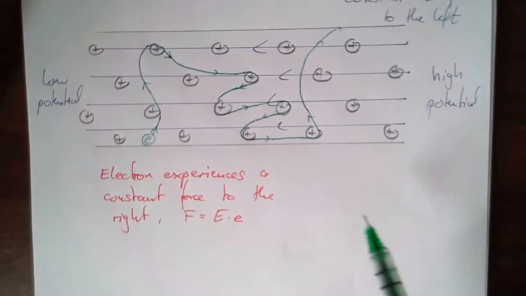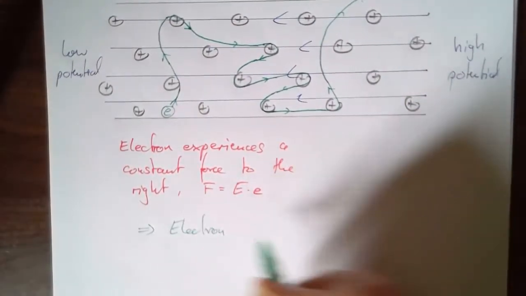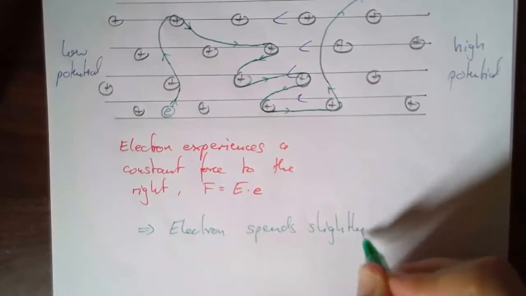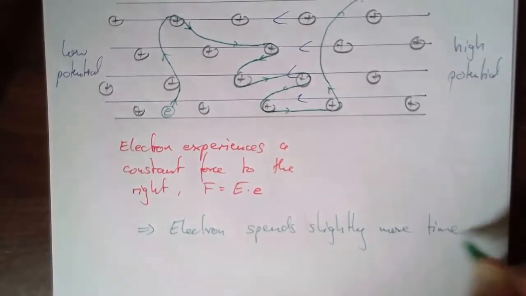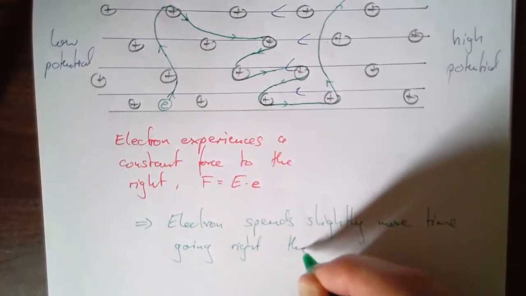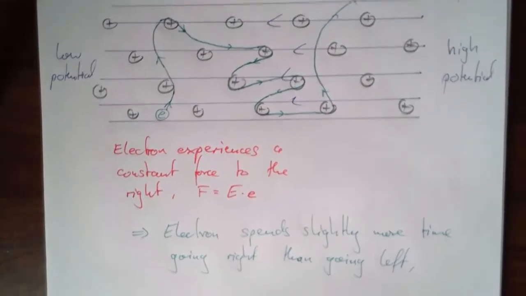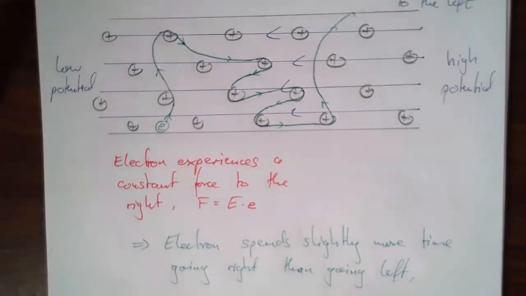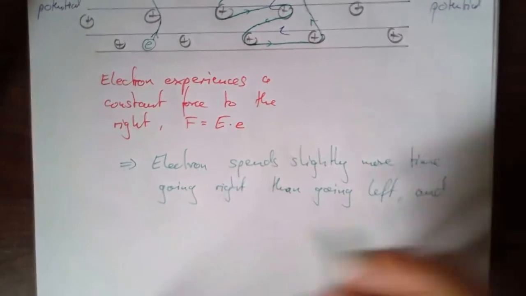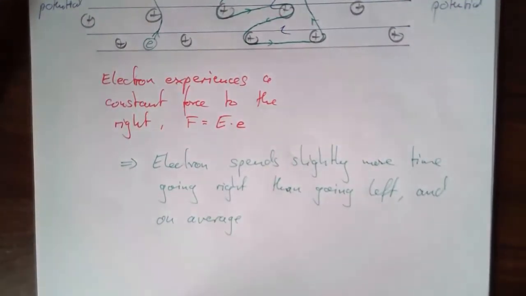So the upshot is the electron spends slightly more time going right than going left, and on average does so with a slightly higher speed, because it's speeding up when it's already going to the right, but slowing down when it's going to the left.